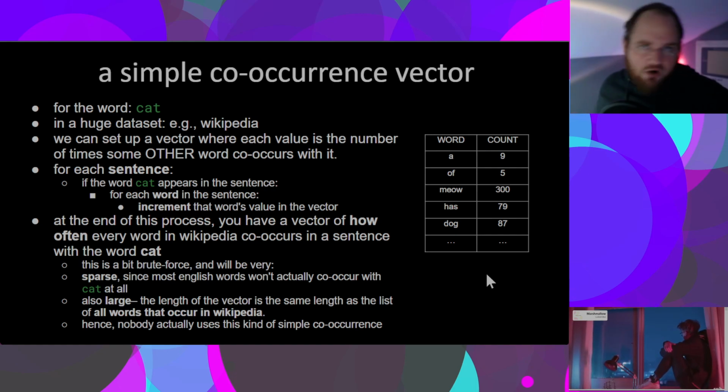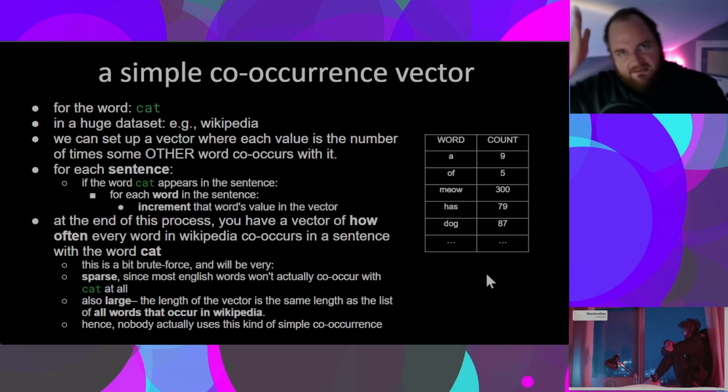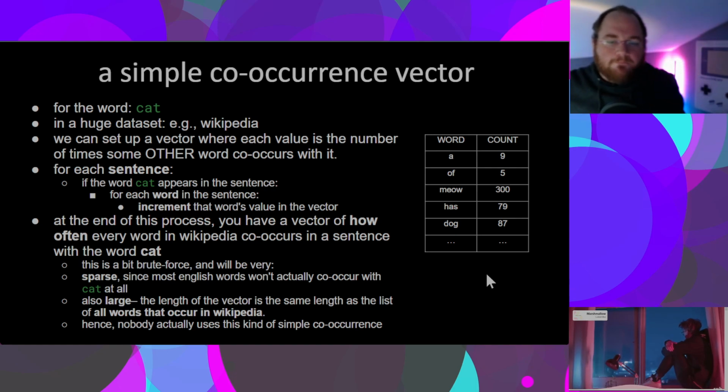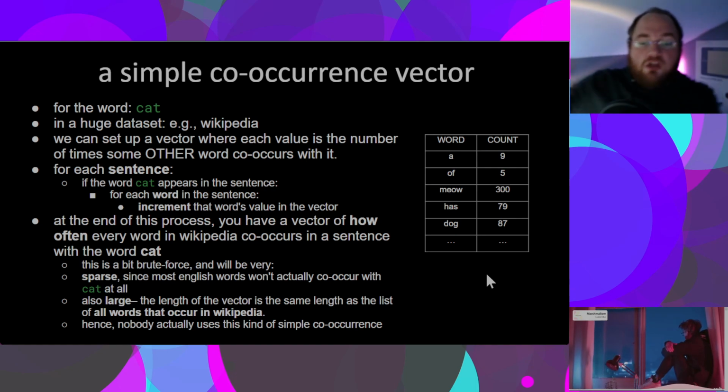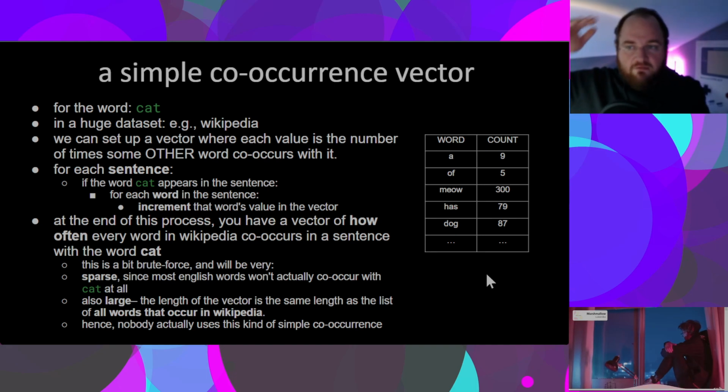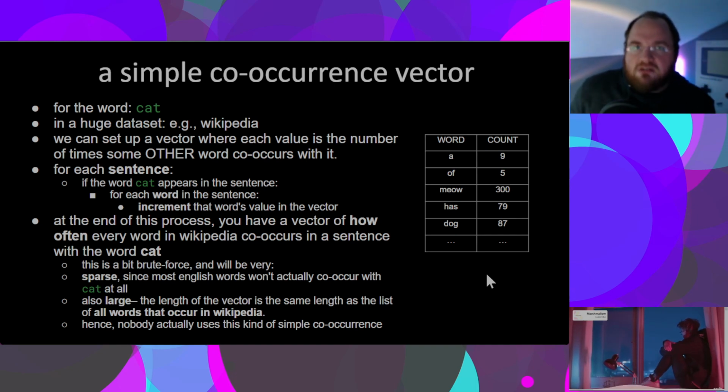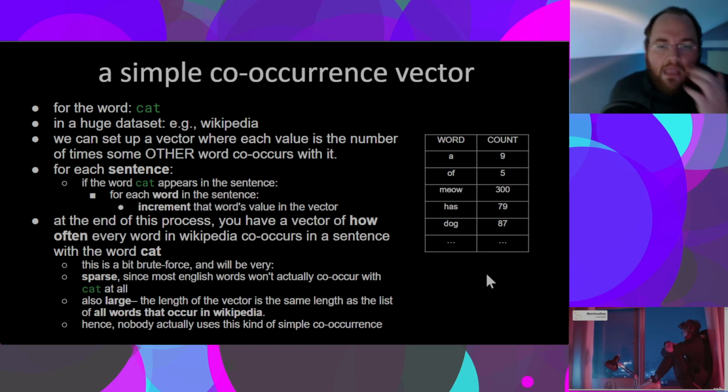A lot of words are going to have zeros in this vector, right? It's also huge. The number of values in this vector that we've just computed for the word cat out of Wikipedia is going to be about 170,000 values, because that's about the size of the English language. We can kind of assume almost every word's going to show up in Wikipedia.